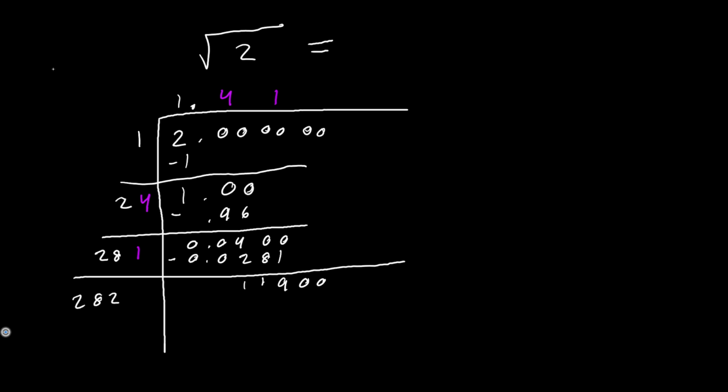282. And we should repeat the same process, and we have 282 with some number in its thousands place multiplied by that same number is less than 11,900.